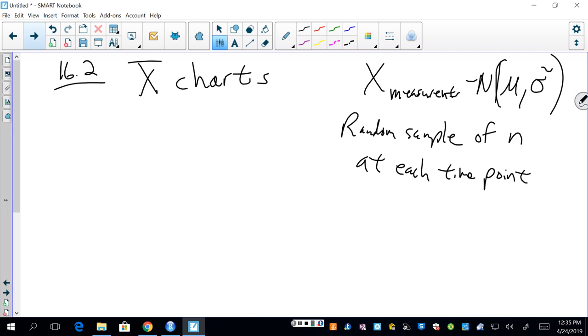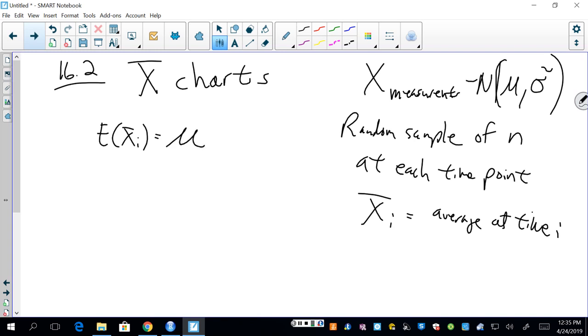Probability theory. So then we're going to take X bar i to be the average at time i. Then the expected value of this sample average at time i is just the overall process average mu.